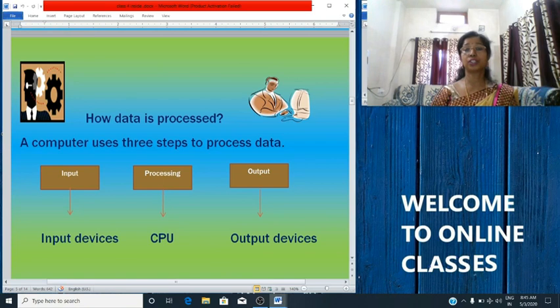After the operation, data becomes meaningful information that we call it as the output. Okay? Now, we can say that data is a raw material which needs processing to make it useful. We have to process the data as per the requirement.